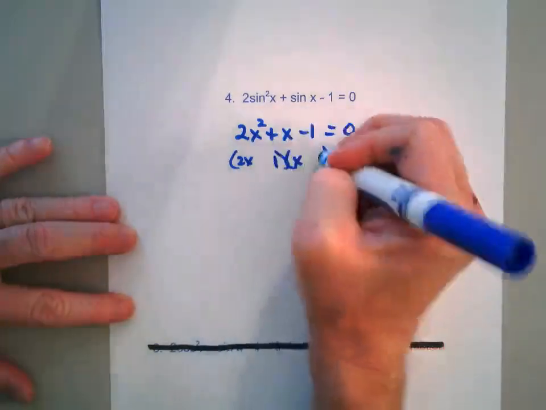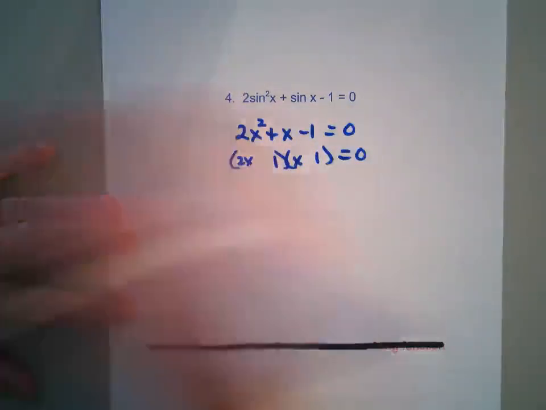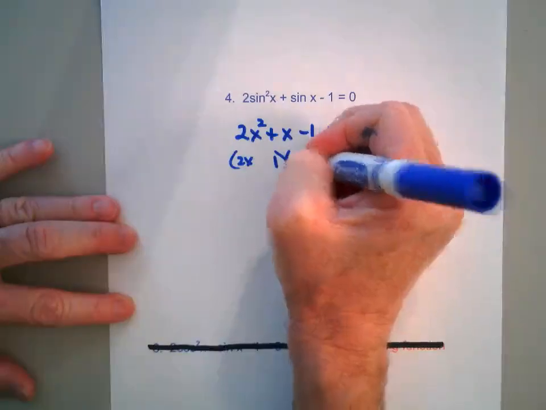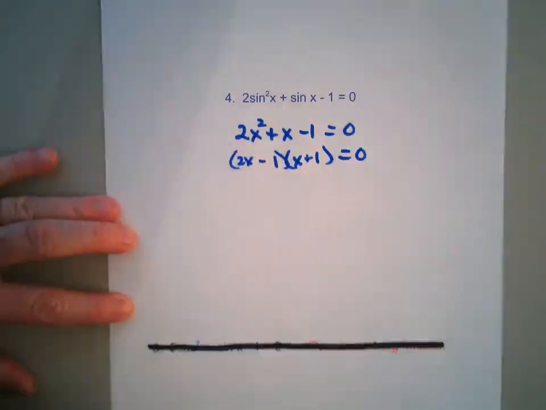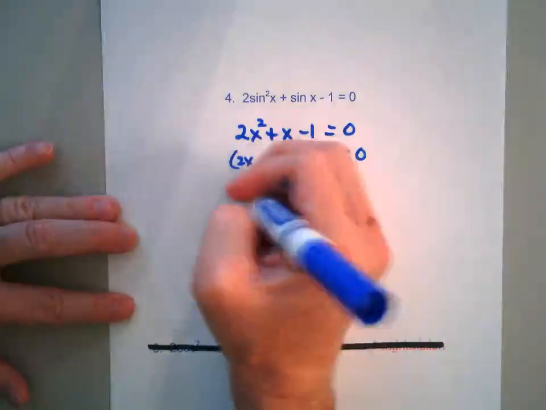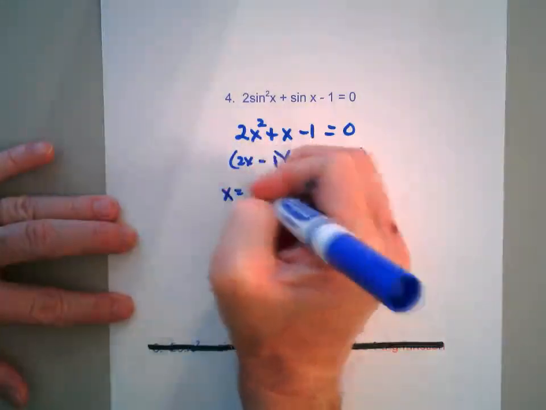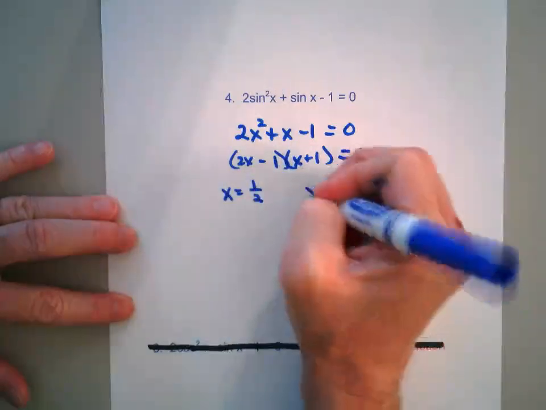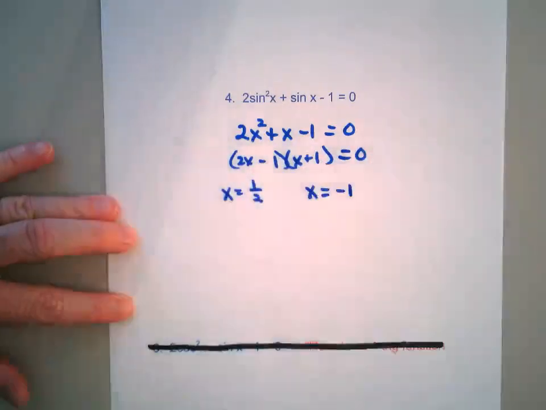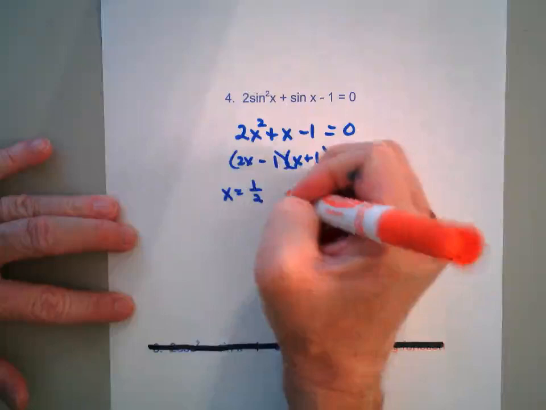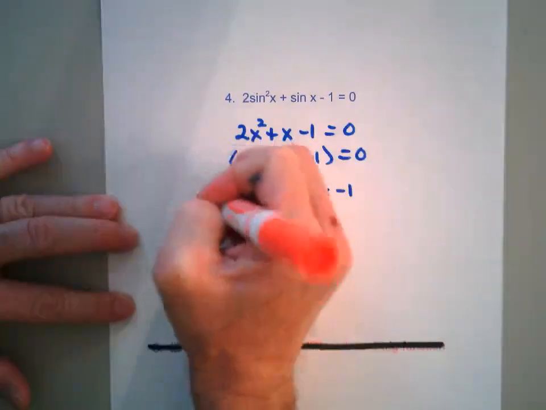They're both going to be a 1. This is going to be positive. This is going to be negative. Solve it. X equals 1/2. X equals -1.